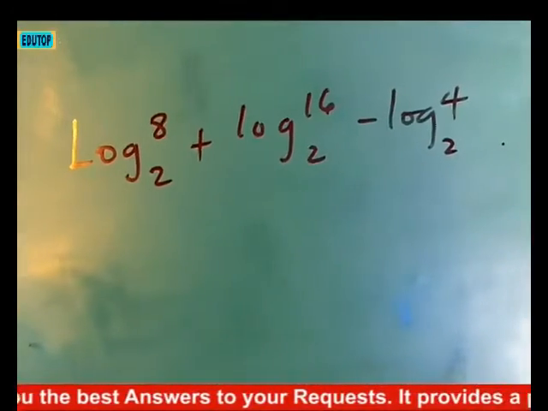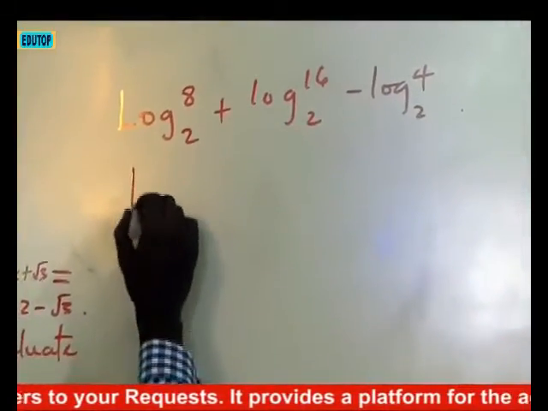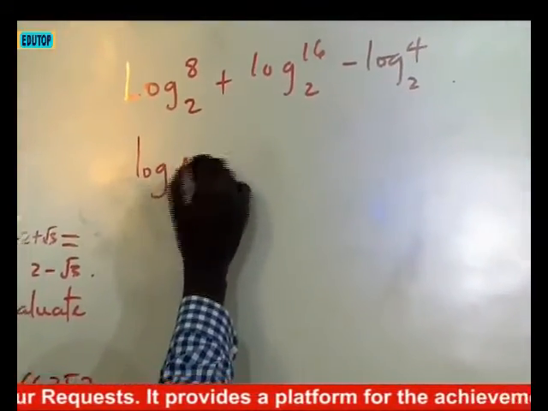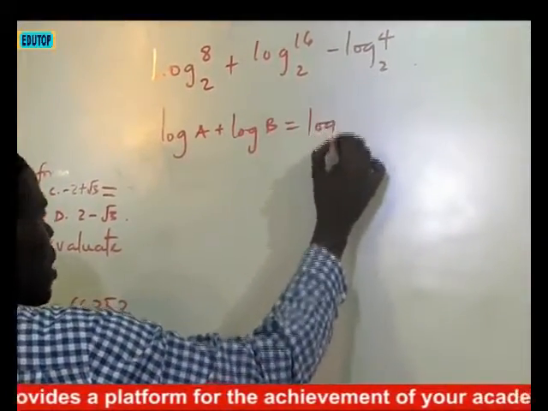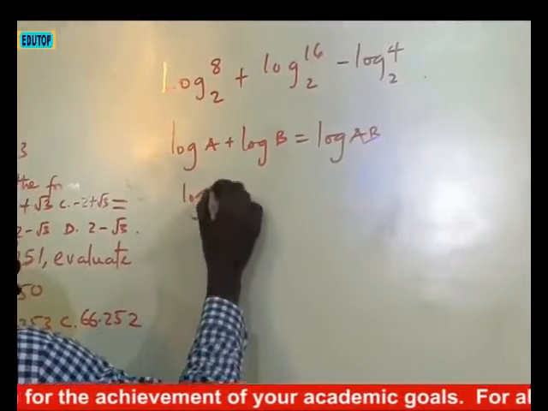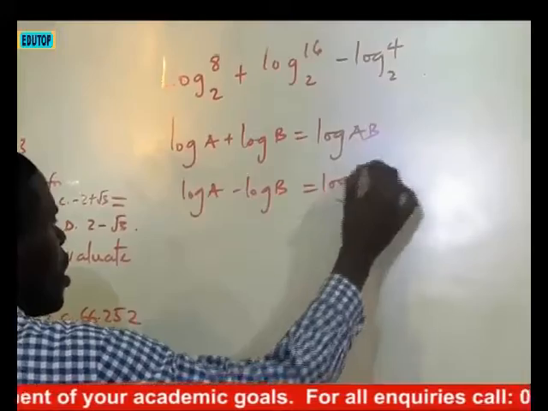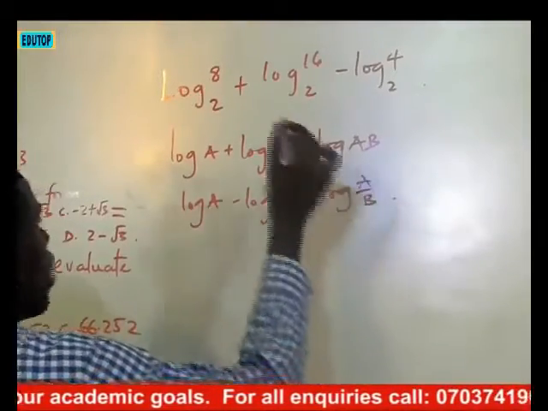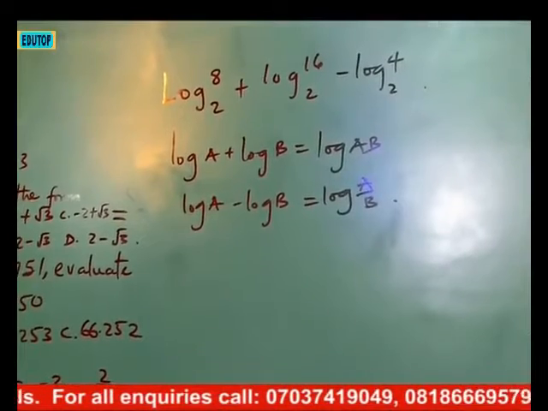That's what we have. In this situation, remember that we need to combine log A plus log B, which is the same thing as log AB, and log A minus log B, which is the same thing as log A over B. That means when you see addition, you multiply, and when you see subtraction, you divide.